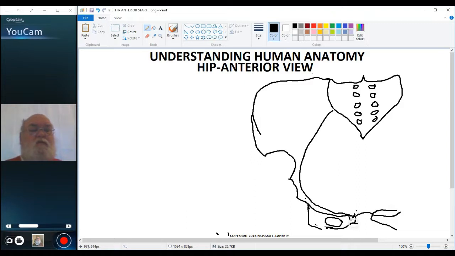the pubic symphysis. And like I've done in previous diagrams, I'll indicate that the pubic symphysis is different by giving it a coloration, a light blue, but I'll draw some lines in as well to indicate that it is a fibrocartilaginous structure.